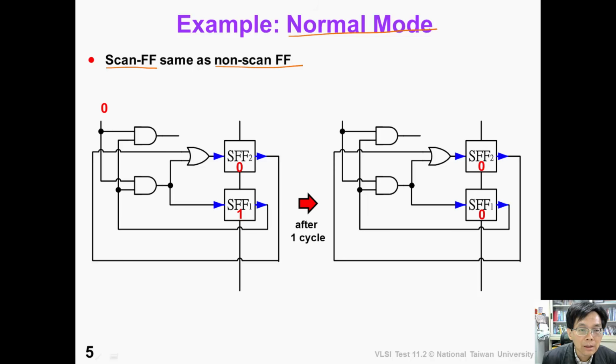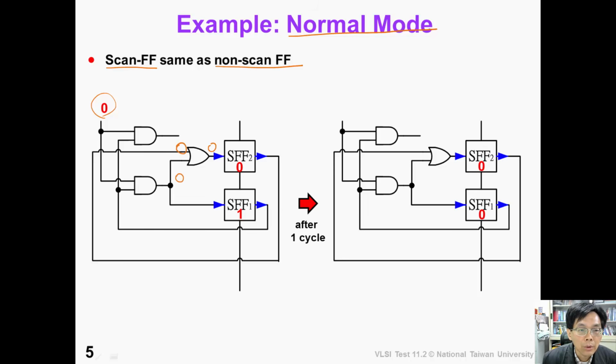Suppose that scan flip-flop 1 is initially 1 and scan flip-flop 2 is initially 0, and we apply a 0 at the primary input. We can see that the output of the AND gate is 0, and this is also 0.